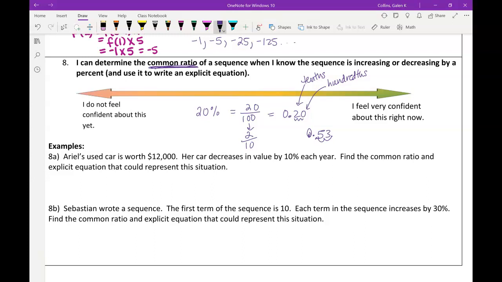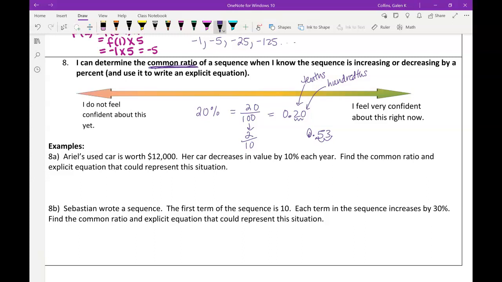Okay, or number system. So in example 8, Ariel's used car is worth $12,000. I'm going to think about that as how much her car is worth right now. Her car decreases in value by 10% each year.